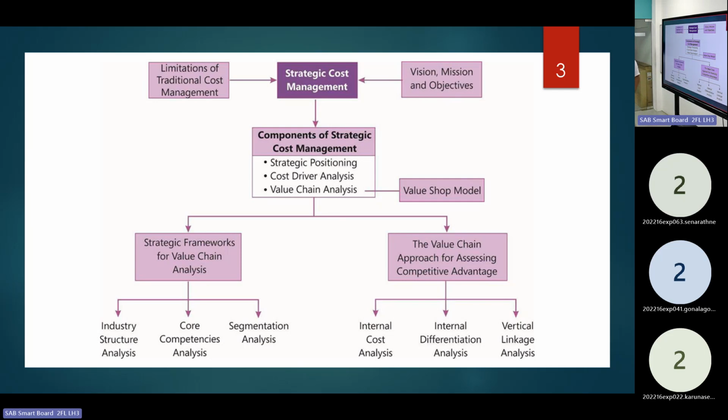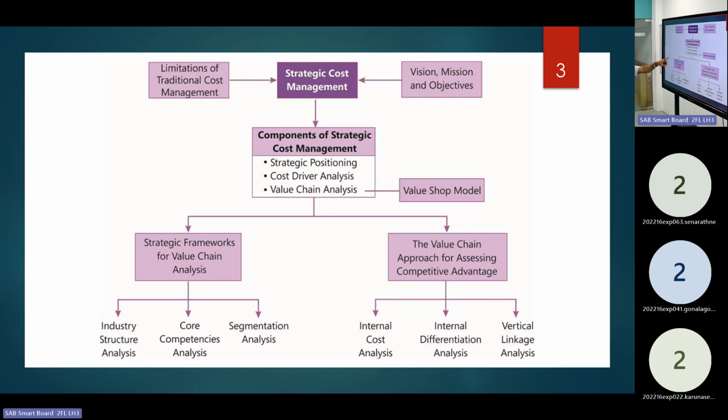That is a very broad area, this strategic cost management. In this particular subject, we are not going to discuss all these things in great detail. This is the broad area of strategic cost management: strategic positioning analysis, cost driver analysis, and value chain analysis.